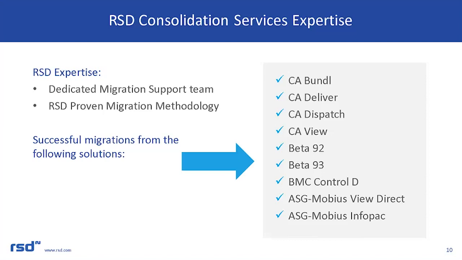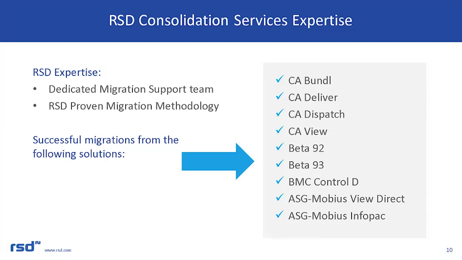Also, we have a proven migration methodology. Our tool set is a solid base offering which can be tailored to your specific implementation and complex processes to deliver a successful migration. We take pride in understanding the uniqueness of each customer's project and working with you to produce a customized plan.